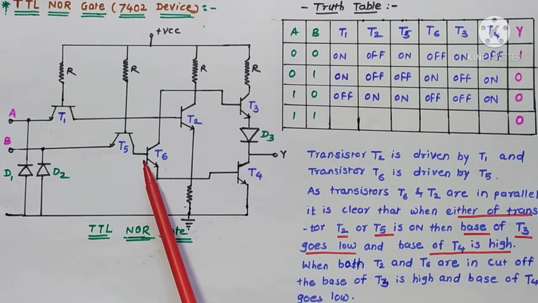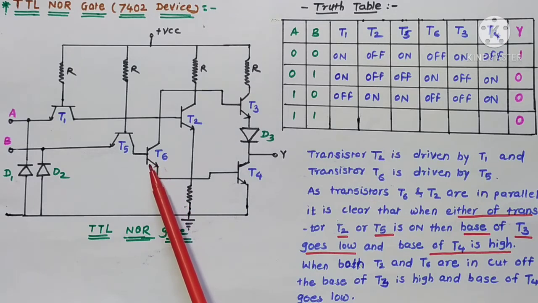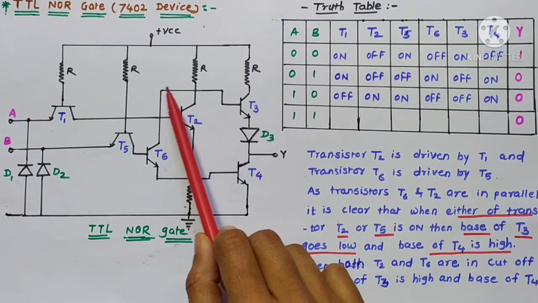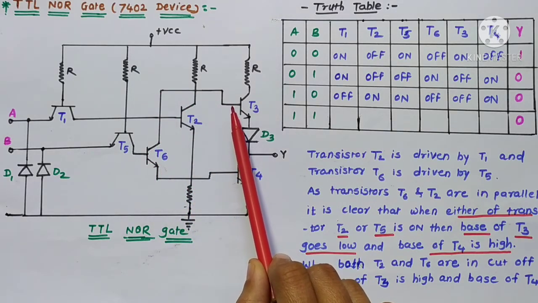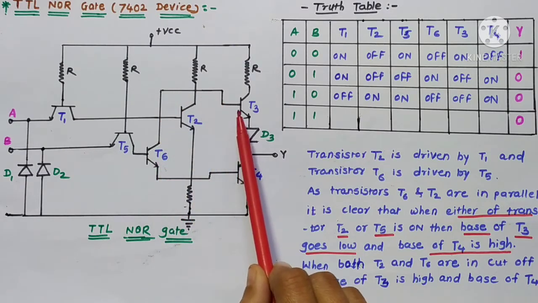Therefore, the low collector of transistor T5 will make transistor T6 off. As the transistor T6 is off, its collector is high and it is given to the base of transistor T3.